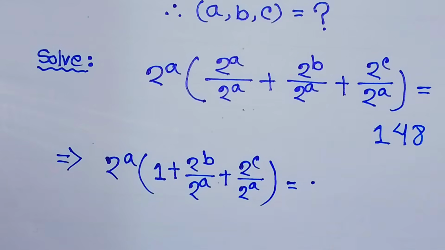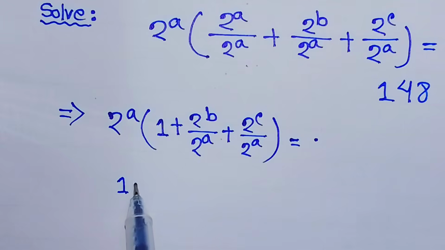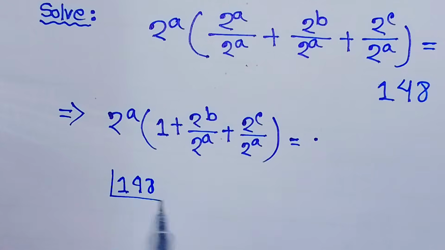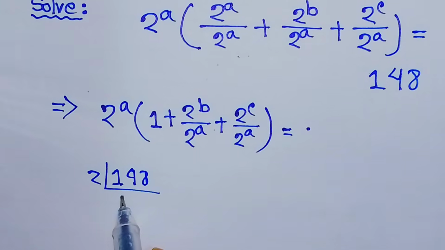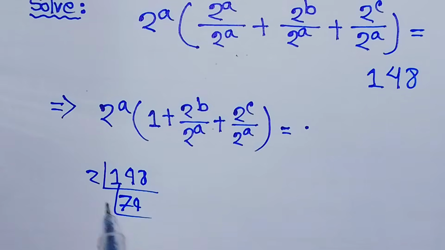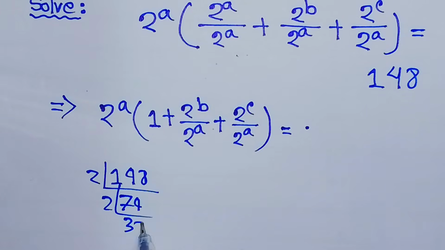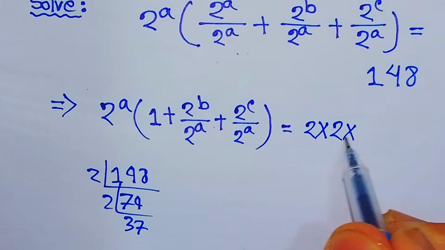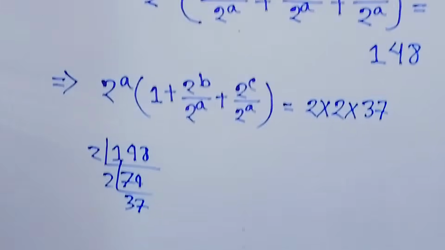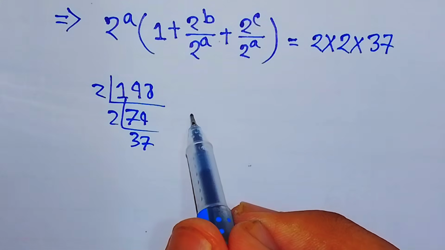All right, this is correct. So we can break down 148: divided by 2, we'll get 74. After dividing by 2, we'll get 37. So we can write 148 as 2 times 2 times 37.